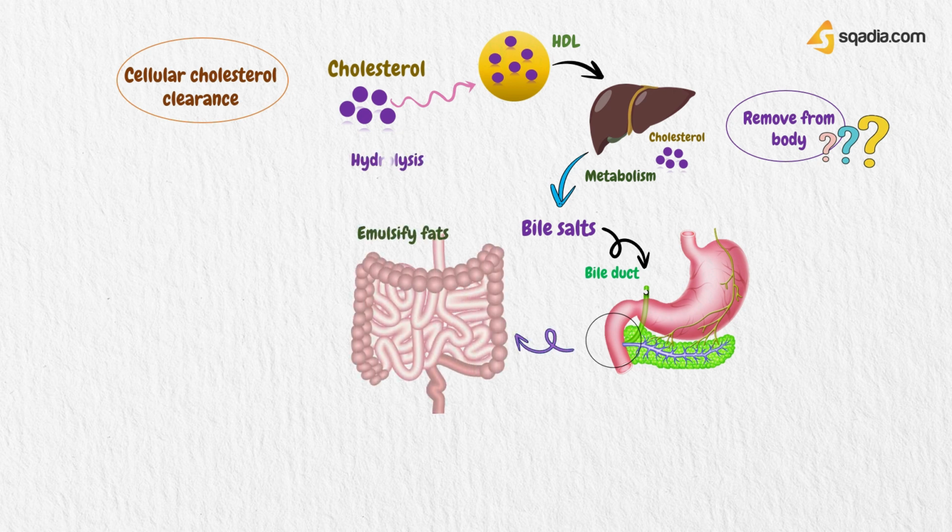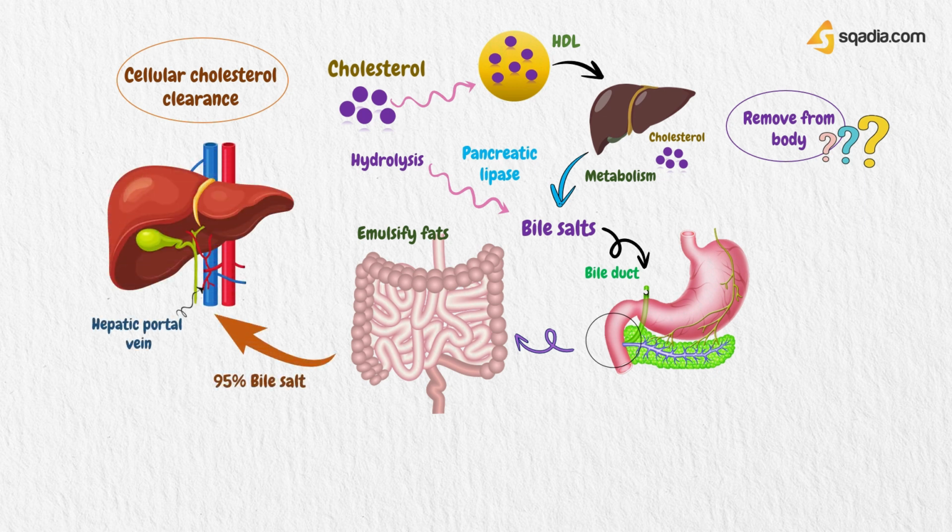The bile salts emulsify fats in the intestine, which renders them available for hydrolysis by pancreatic lipase, which is secreted into the gut. About 95% of the bile salts are absorbed into the hepatic portal vein, a vessel that moves blood from the spleen and gastrointestinal tract to the liver, and are recycled to the liver by the enterohepatic circulation.